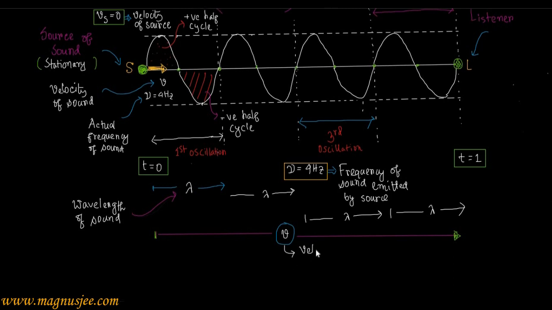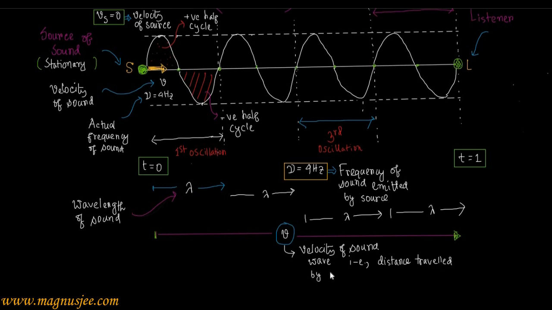And as the interval of time is 1 second, the distance traveled by the sound wave from source to listener will be equal to the velocity of the sound wave. V is the velocity of sound, but the sound wave travels from source to listener in 1 second.